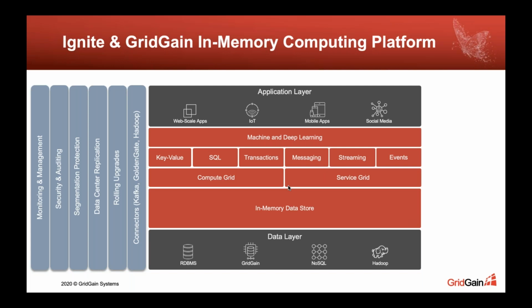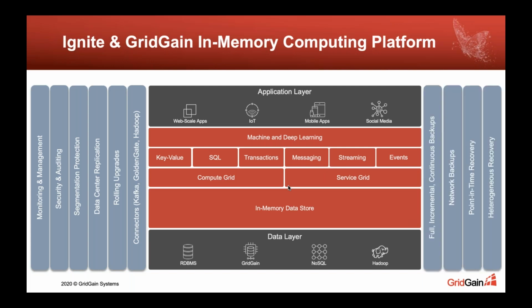This includes a security and auditing framework, the ability to do in-place upgrades of your clusters with zero downtime, data center replication so that we have multiple clusters that are replicating data across different data centers, and then also some additional enhancements and enterprise features around persistence, particularly allowing this in-memory data grid to use persistence to become an in-memory database, and then also to be able to use persistence to take backups and snapshots for recovery.